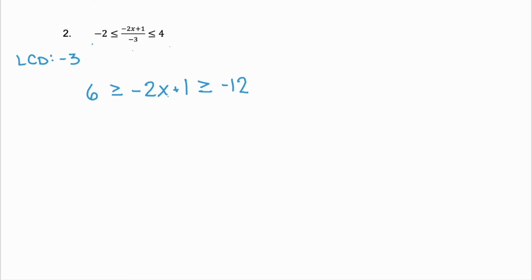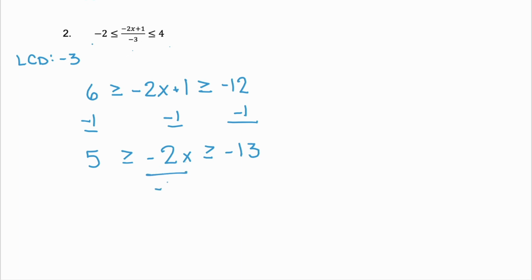Now we want to slowly isolate this x. So let's subtract 1 from all 3 sections, and we have 5. We have -2x in the middle and -13 on the right. Now notice x is being multiplied by a -2.